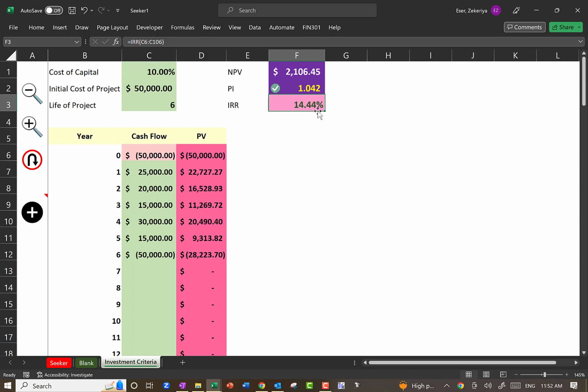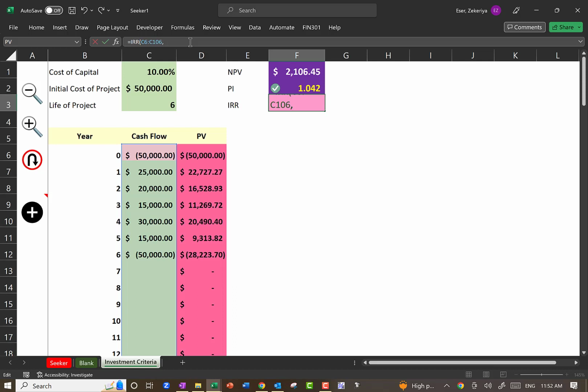But does it actually have a single solution? In the IRR function, technically there are two arguments. The first argument is the cash flows. Second argument is an initial guess that's optional. If you leave it blank, Excel starts with a 0.